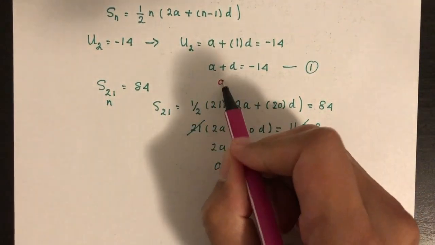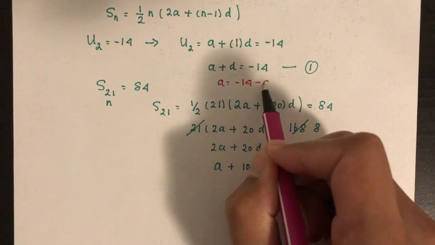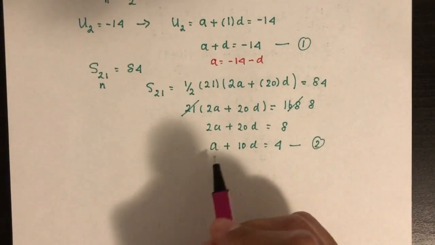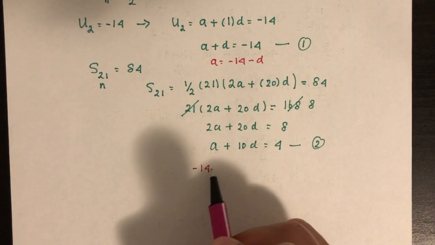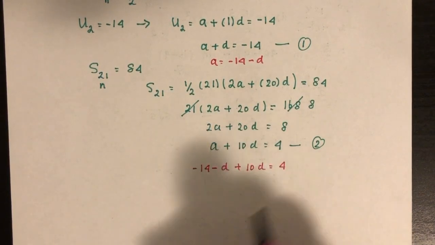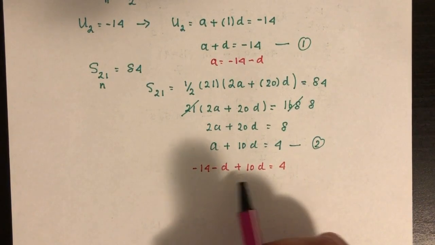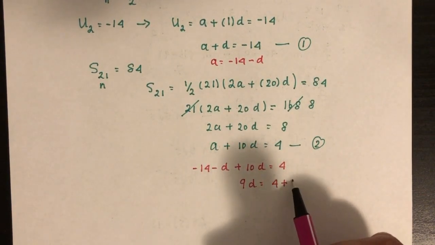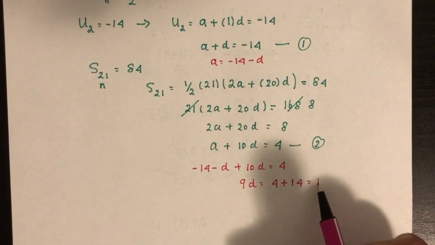You have a equals minus 14 minus d. Now use this to find the value of d in the other equation. So minus 14 minus d plus 10d equal to 4. So minus d plus 10d, that will be 9d equal to 4 plus 14, that will be 18.